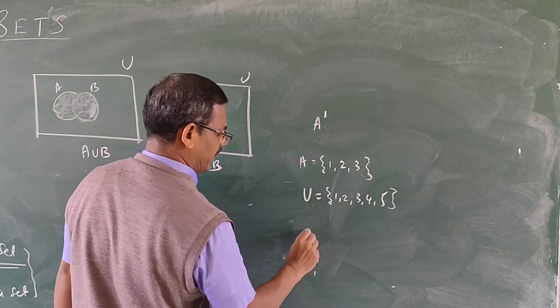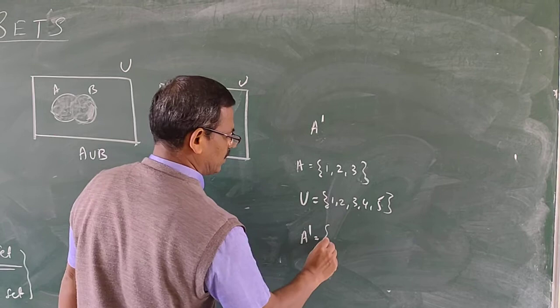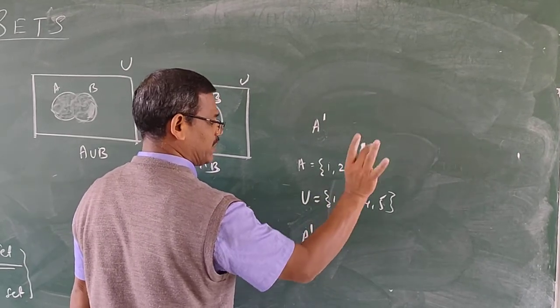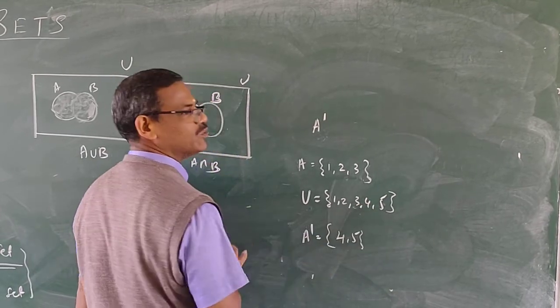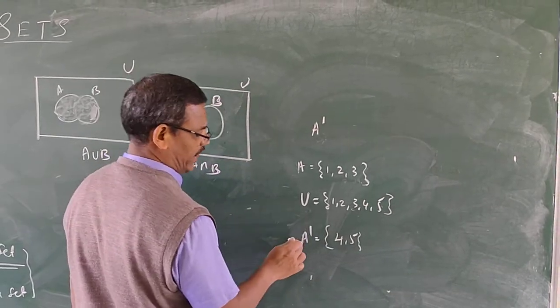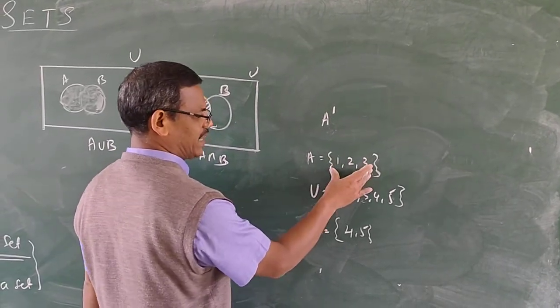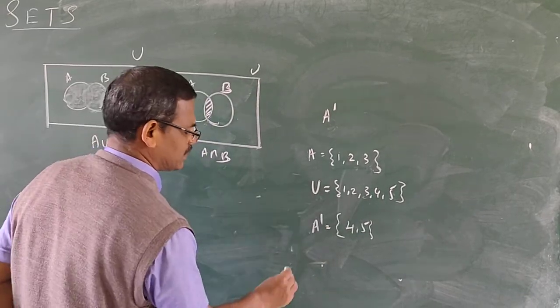The complement of A is A complement, denoted by this one. So whichever the element is there in A, remove that element and write the left over elements which are available in the universe. So A complement means whatever the elements of A are, you remove them and write the rest of the elements in the universal set.